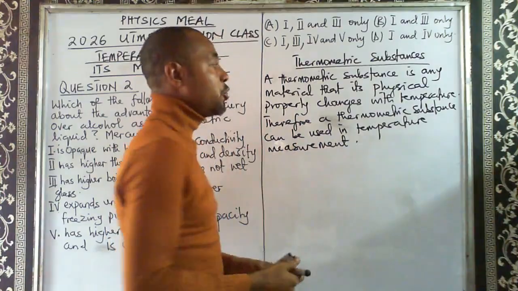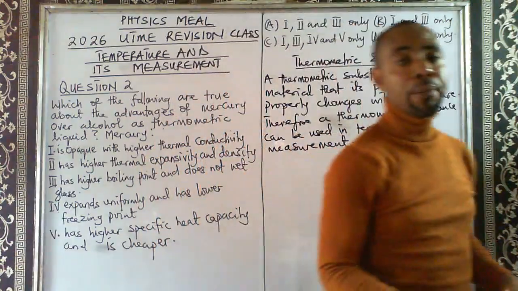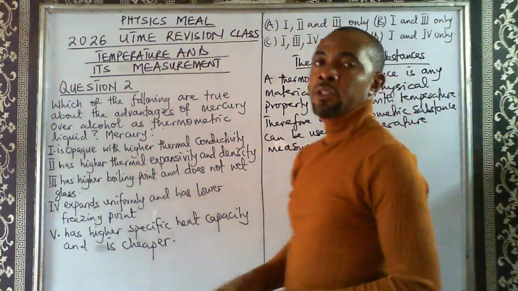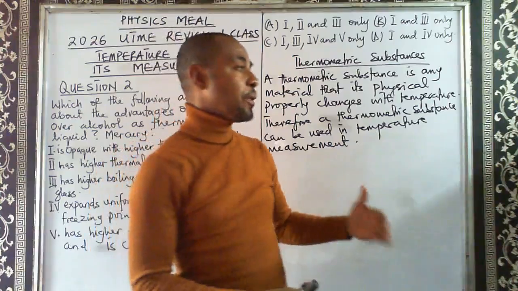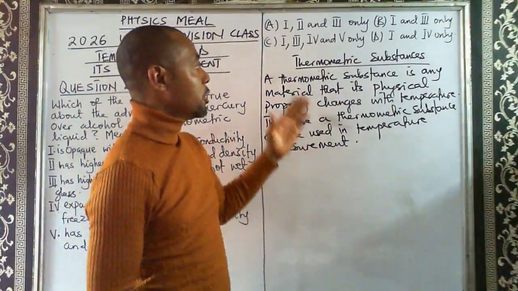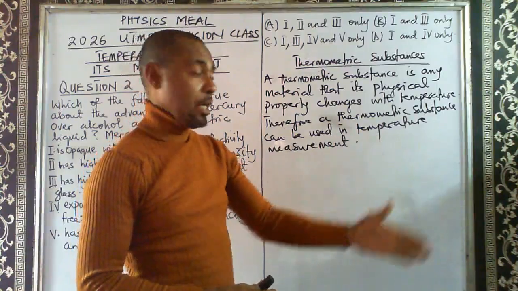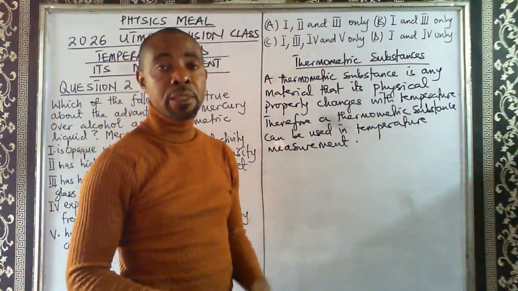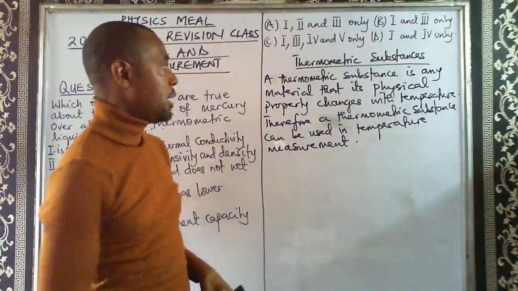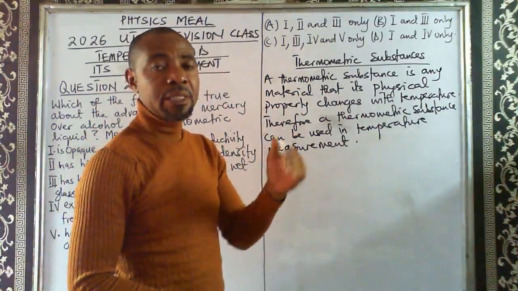And we know why: because their physical properties usually do change with temperature changes. Any material that its temperature will bring about a change in its physical property is said to be a thermometric substance. Every thermometric substance will have at least one physical property that will change with temperature.